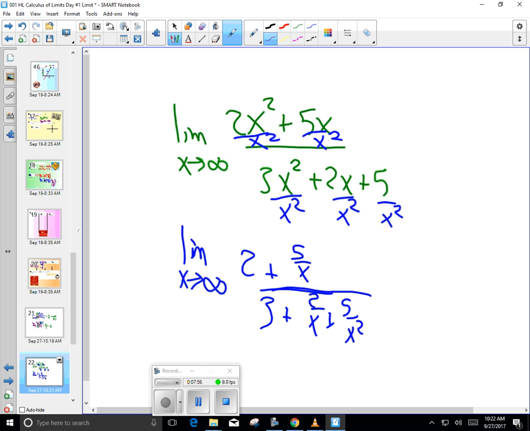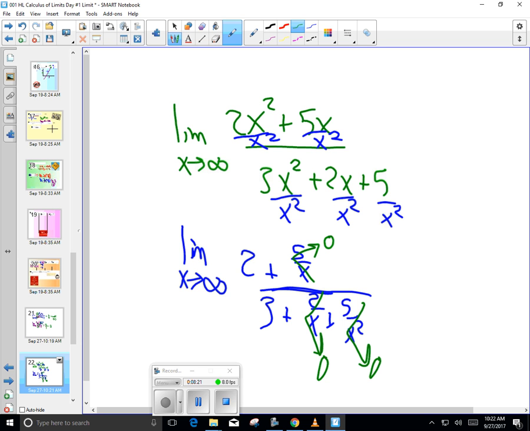What happens if you have 5 donuts and you divide it amongst an infinite number of people? How much are they going to get? Essentially no donuts. What if it's 5 donuts divided by an infinite number of people squared? Still no donuts. So I would call this 0, and this 0.